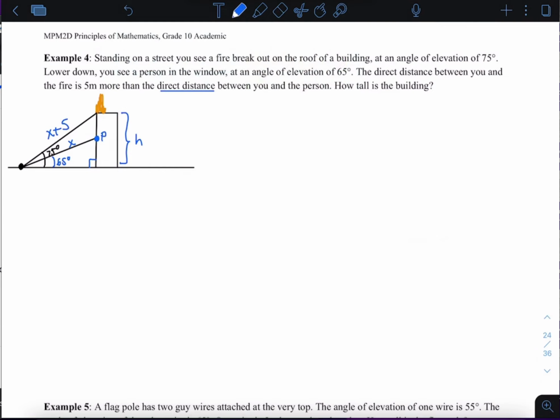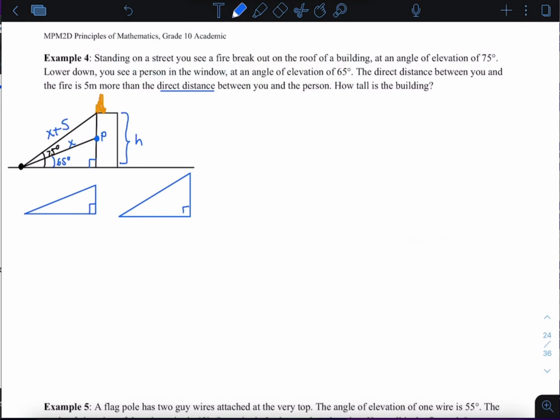And then we can do a similar thing to what we did last time, where we separate the 2 triangles out and try to figure out what we know and what we need to know. So there's my smaller one. There's my bigger one.